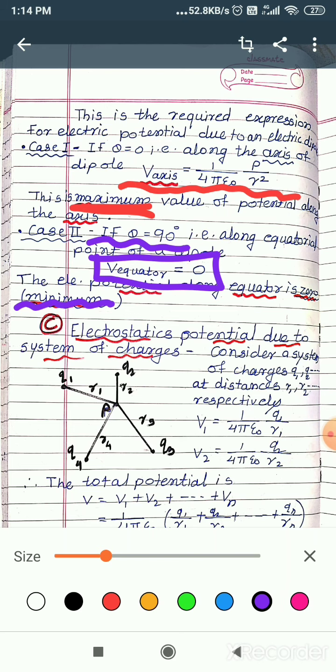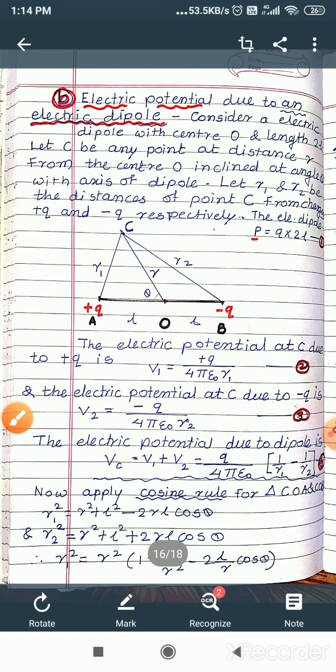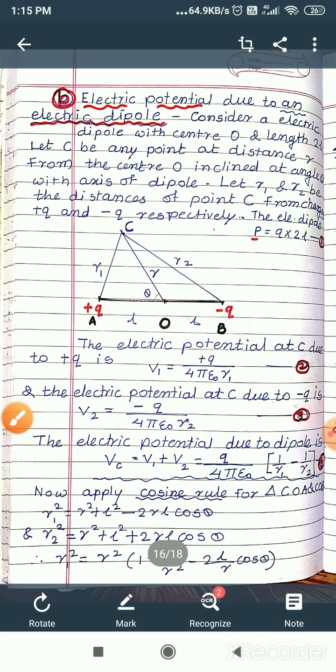Where is the equator? Observe the diagram, then you will come to know that if this point C is perpendicular to the axis, this angle theta is equal to 90 degrees. Then what happens? At that point, the electric potential at point C due to the plus q charge and minus q charge becomes 0. From the symmetry of the diagram, can you explain why it's 0?